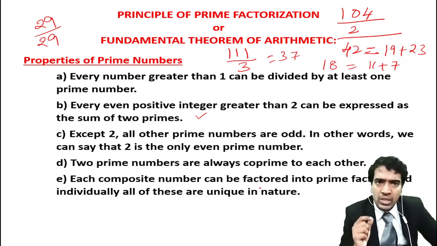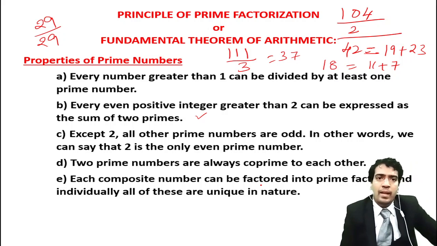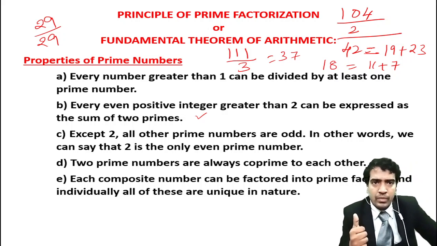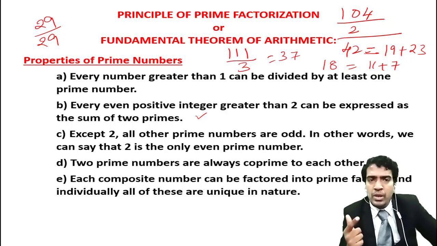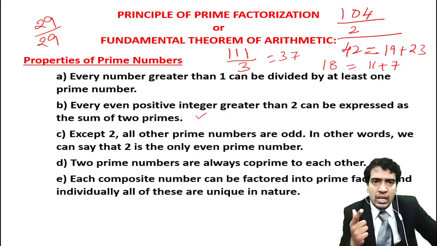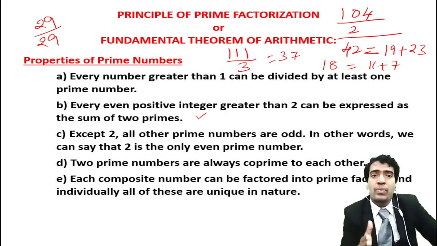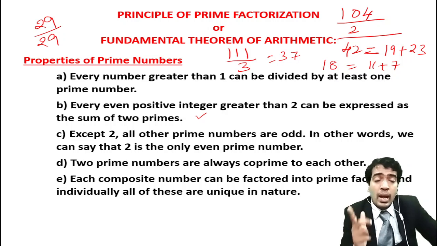The test of compositeness says that a number is said to be composite if it satisfies the condition of primality, that it has two factors, one and itself, along with that, it has other factors. And if you take the fundamental theorem of mathematics, what does it say?